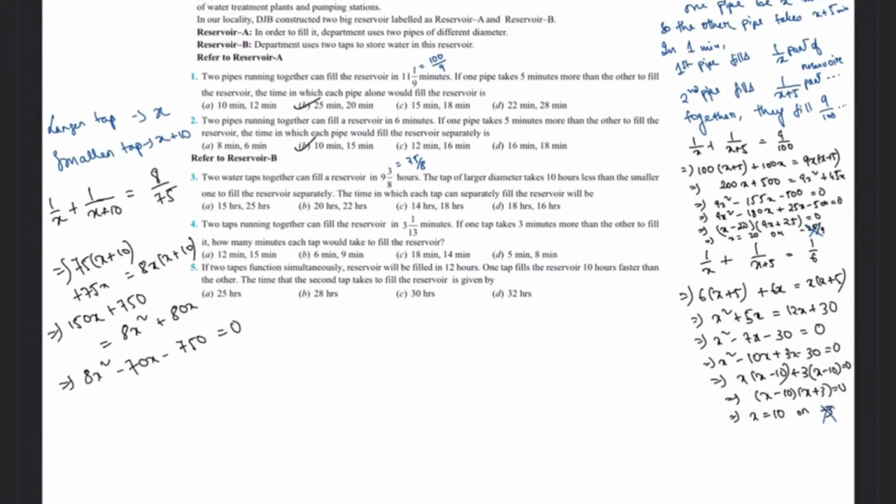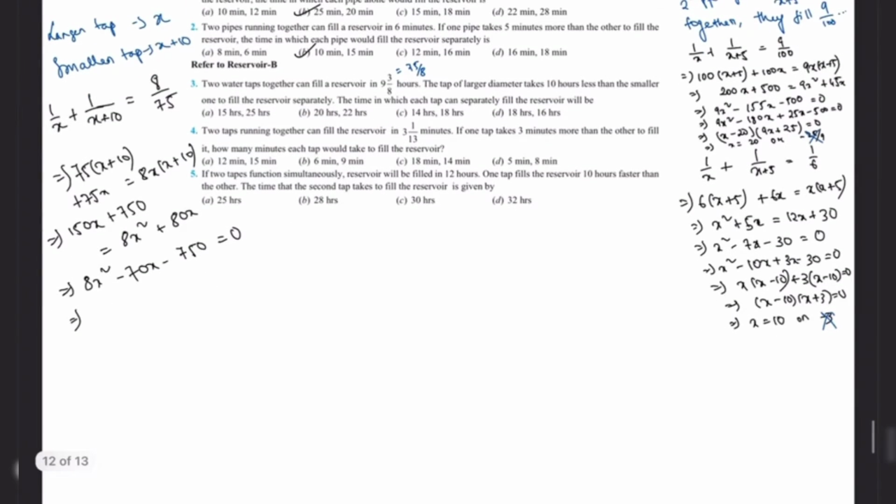All right, let's try and get this solved. So how do you factorize this? 750 times 8 is what we have.